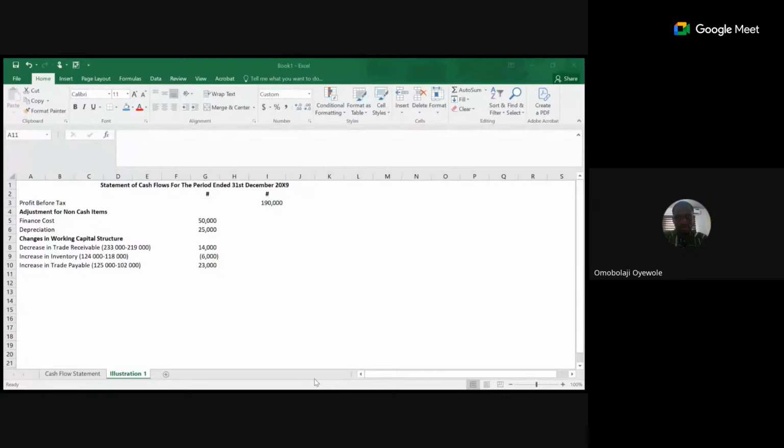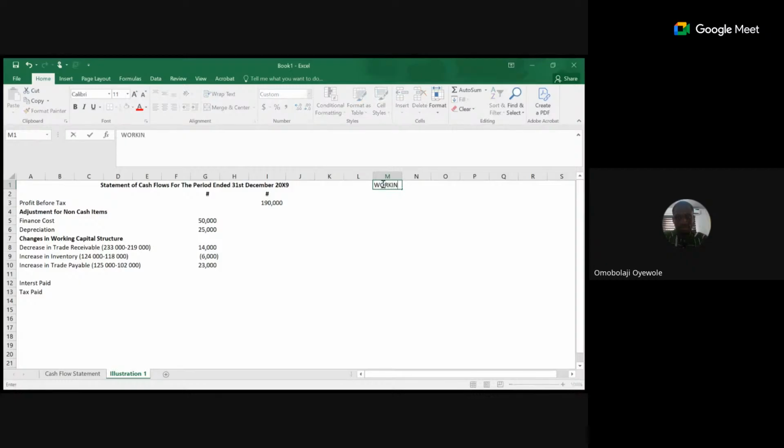Now, the next one is accrued interest charges. So before we go to the next one, which is interest paid, and the next one will be tax paid, we have to do some workings.